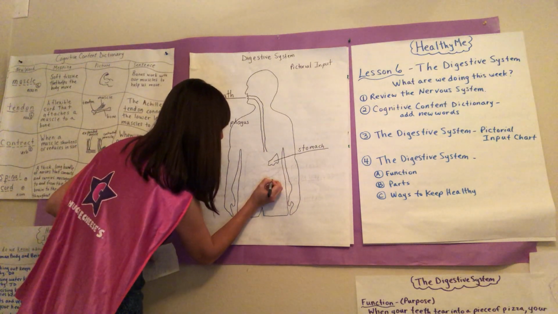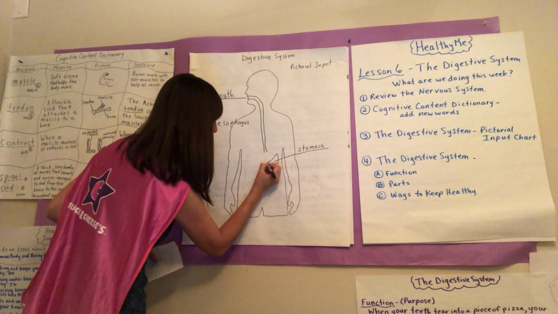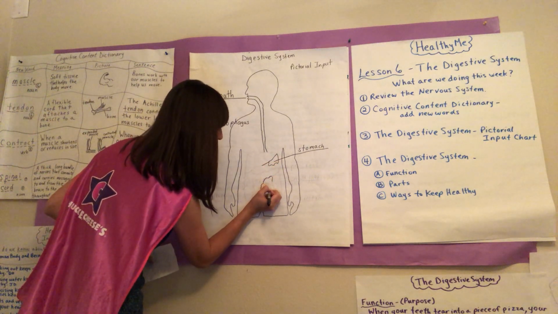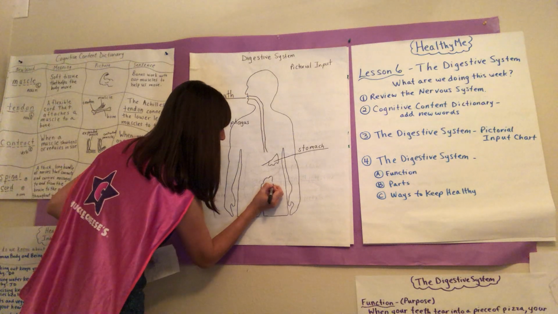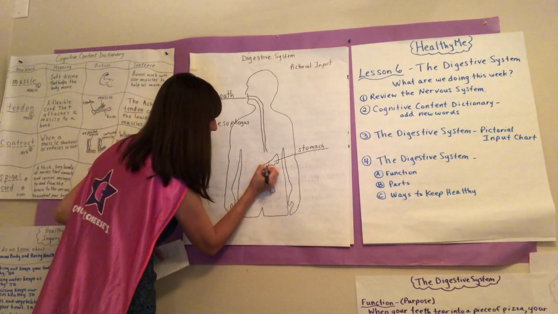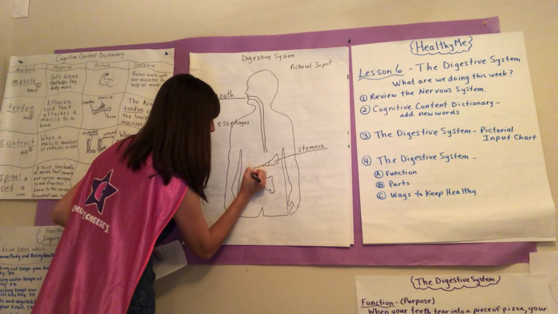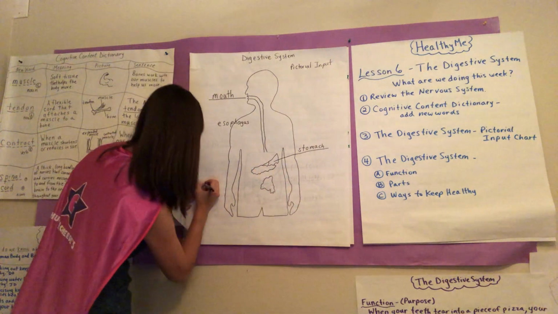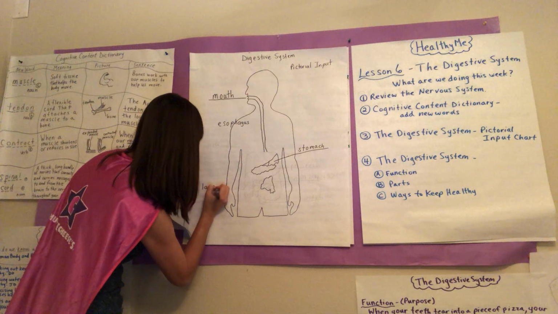And the small intestine, if you look at it, it kind of goes round and round. It's all jumbled up there inside our body. And actually, I'm just going to kind of draw all of this because they're all jumbled together. The large intestine is also part of this, which I'll add over here.